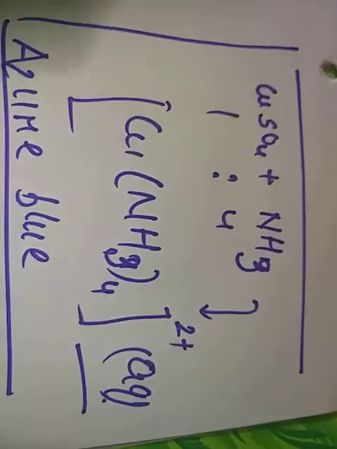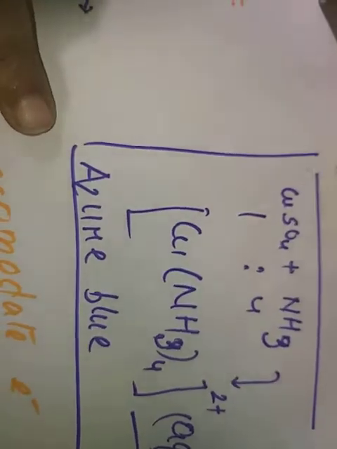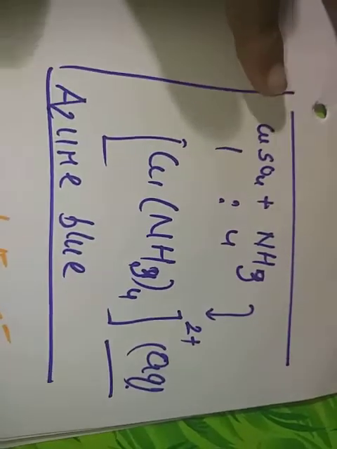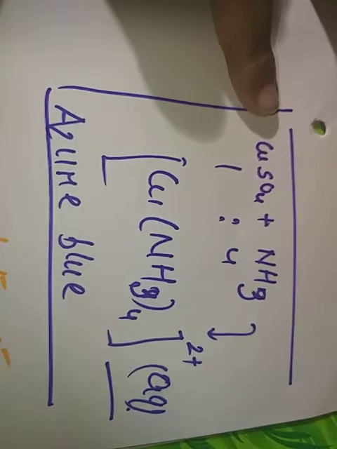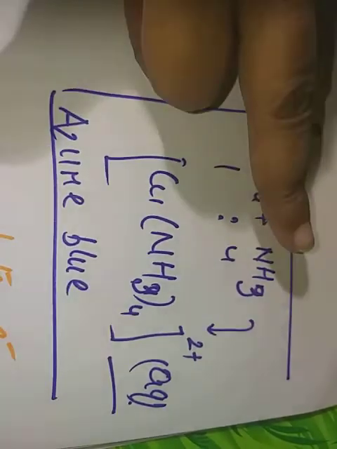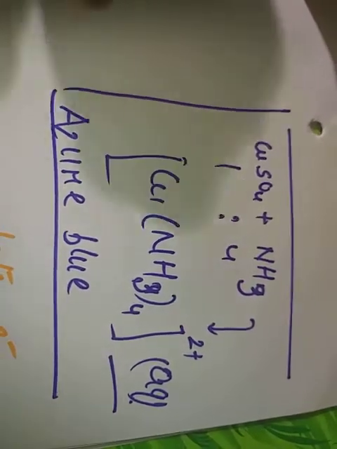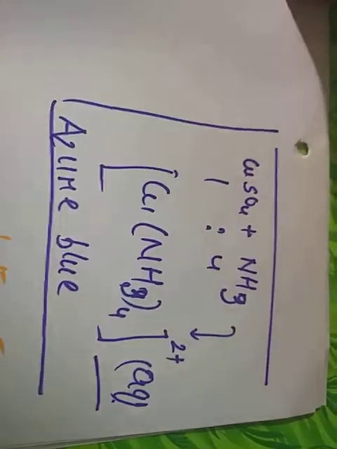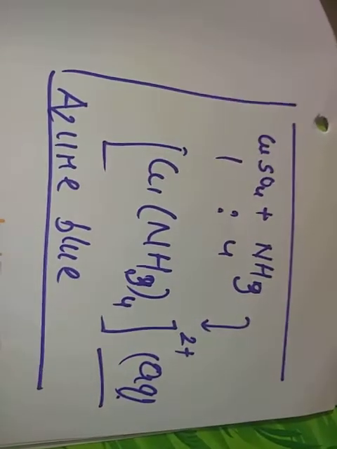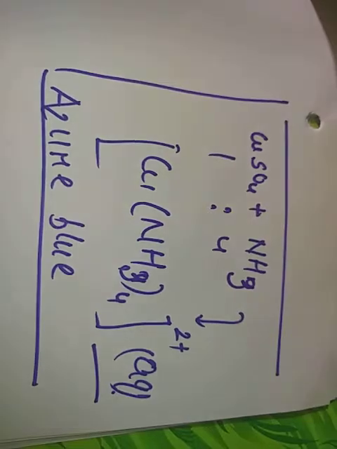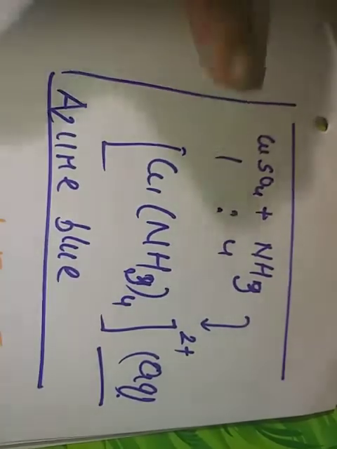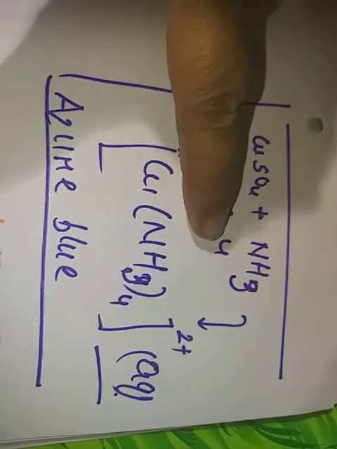In fact, we have tested this azure blue solution formation when an aqueous solution of copper ion is treated with excess of ammonia. We first get the bluish white precipitate, followed by excess ammonia. That's why it is not in 1:1 ratio.